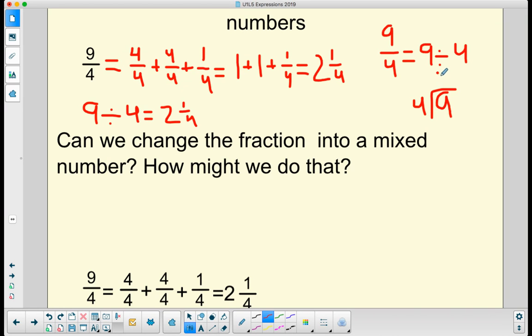There's 2 4s in 9, with 1 left over. Your remainder is your numerator, because it's what's left of my 9. My 4 is my denominator, because that's what size pieces I've had. Or you can decompose it.